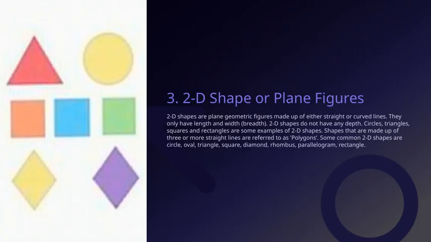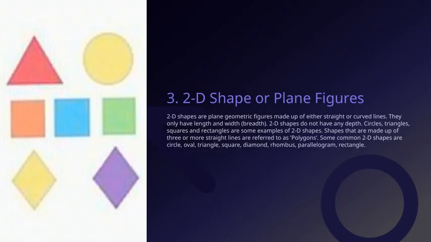Now let's explore 2D shapes or plane figures. These are flat, geometric figures that are made up of either straight lines or curved lines. The key point here is that they only have length and width, or in other words, their breadth. Unlike 3-dimensional objects, 2D shapes do not have any depth, so they are completely flat.